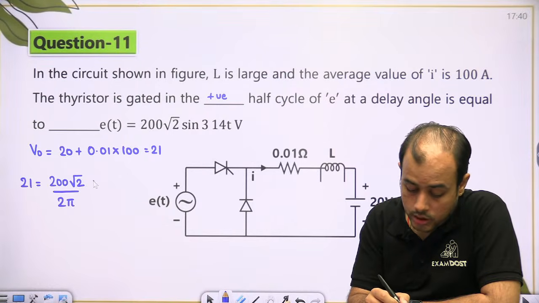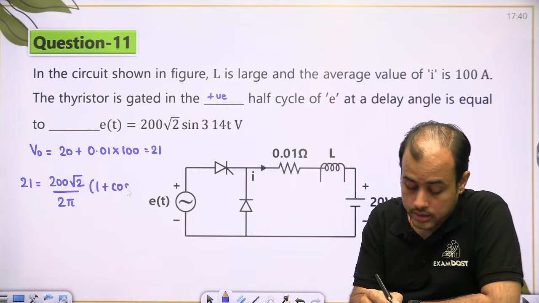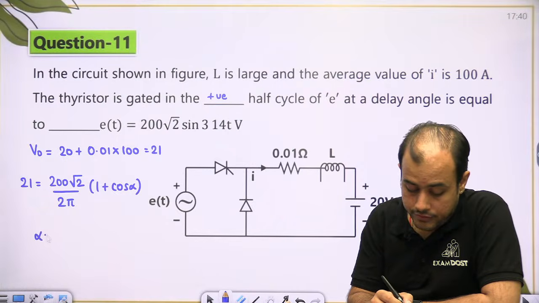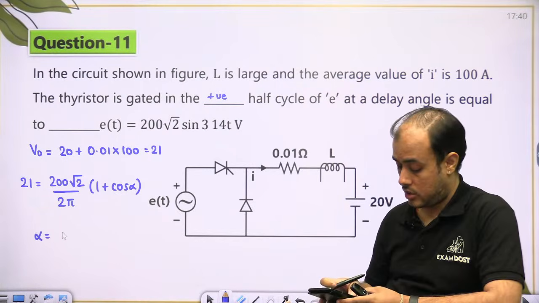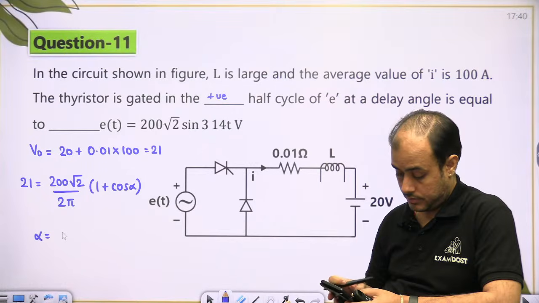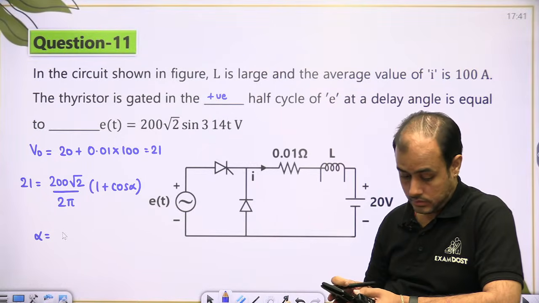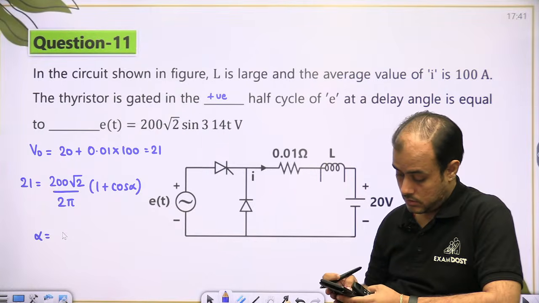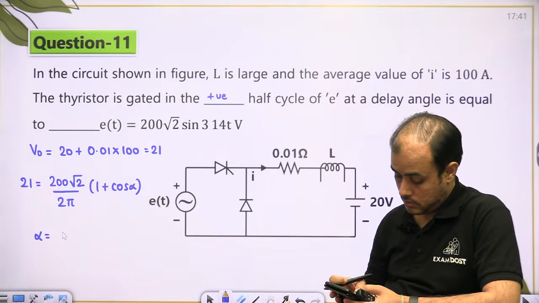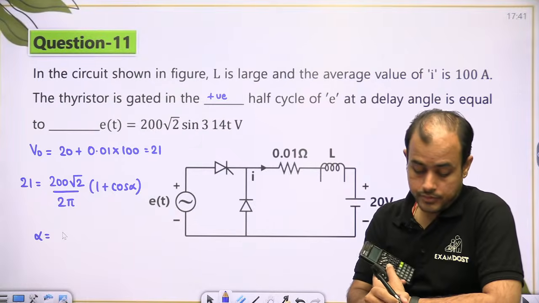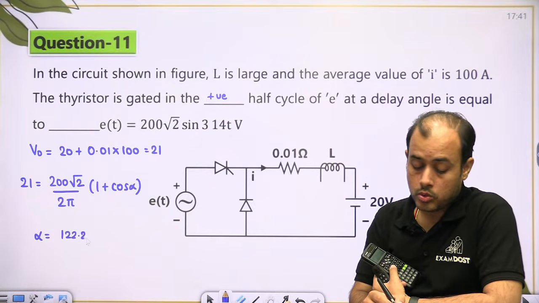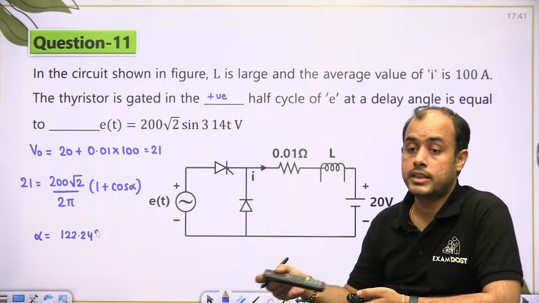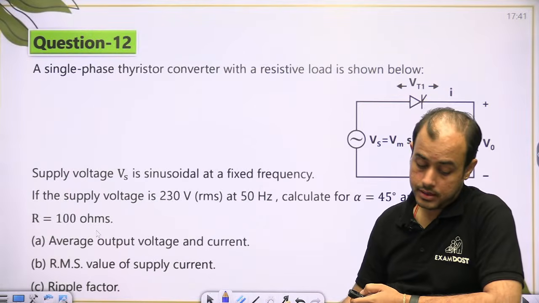Highly inductive load with a freewheeling diode gives me the same functionality as a R load. 122.24. Very good, Subhadeep. Very good, Ronak.